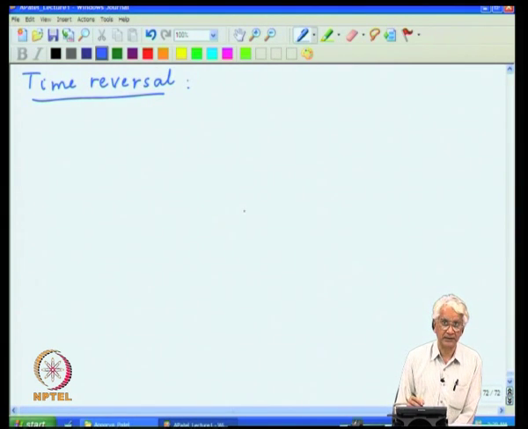A simple example is the Newton's second law, where the second derivative with respect to time, which is the acceleration, is related to the force, and if you change the arrow of time, the second derivative with two flips of sign actually does not change its value.